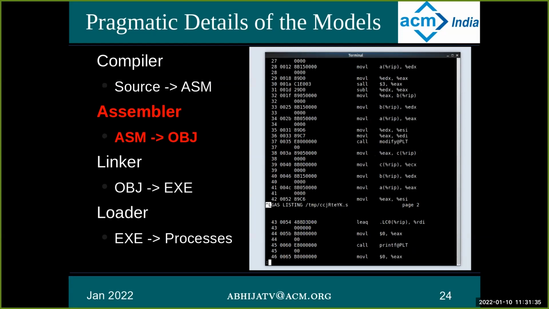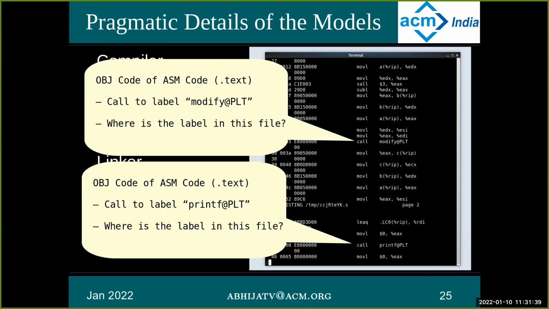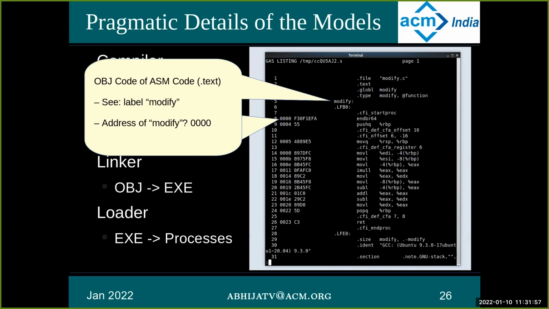Continuing the look at the assembly code. Here is one part that you see. Here is a call to two functions. One is a modify function, the other is a printf function. They are seen as labels. And the question, of course, is where is a label in this file? Perhaps the modify label is, there you see the modify label in the file.